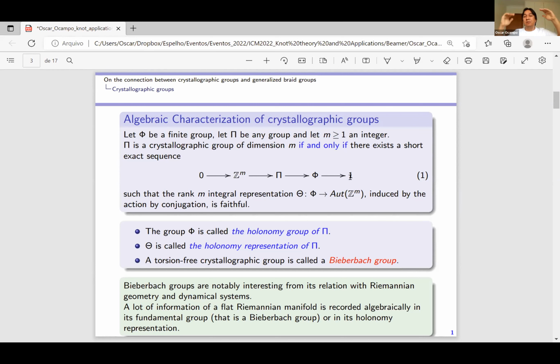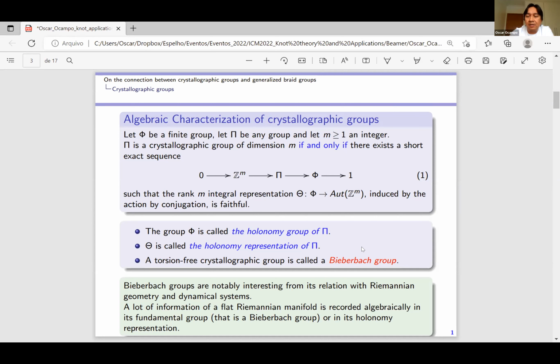Because of this correspondence between Riemannian geometry and group theory, it is interesting to study Bieberbach groups, since the algebraic information you obtain from the group lets you conclude information about the related flat Riemannian manifold. So it is an interesting family to consider and to study.